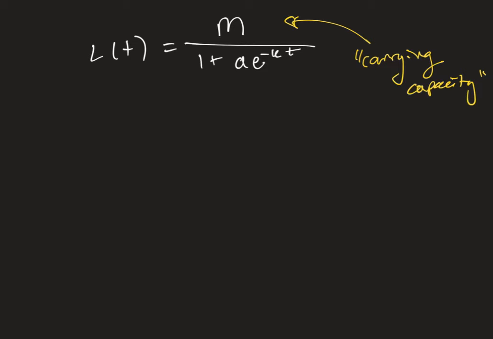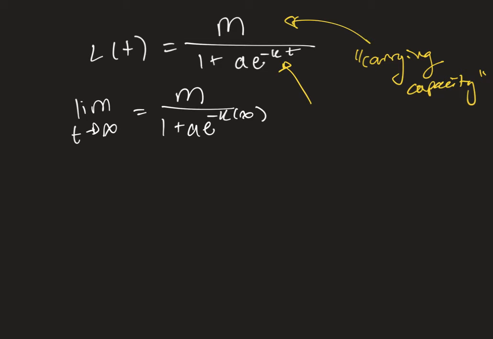And this is kind of cool, because if we take the limit as t approaches infinity, as t is getting bigger and bigger, then we have m over 1 plus a e to the negative k times infinity, and k is always going to be a positive constant, so the negative k means this exponent will always be negative.